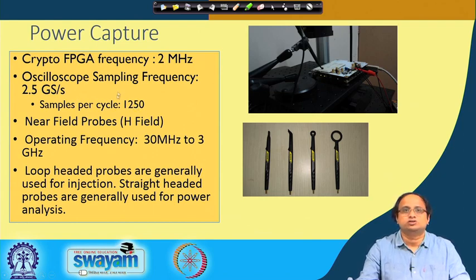Okay. You can figure this out from these two data. Typically, I would like this value to be high, so that we do not miss any vital information about the power consumption in the trace. Therefore, we require an oscilloscope with a high sampling frequency. Okay.